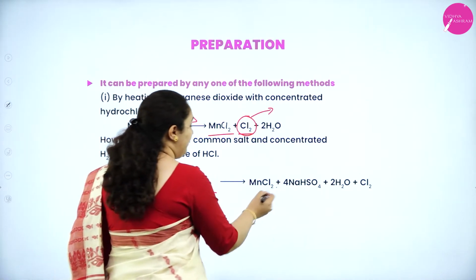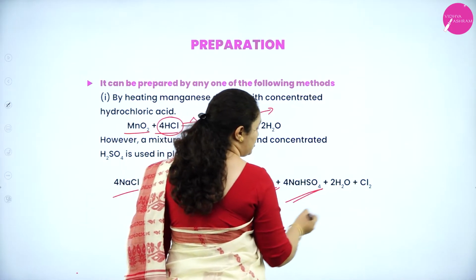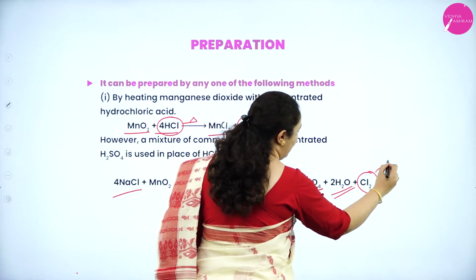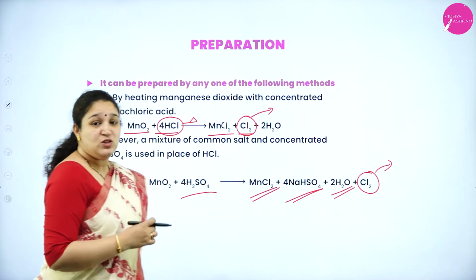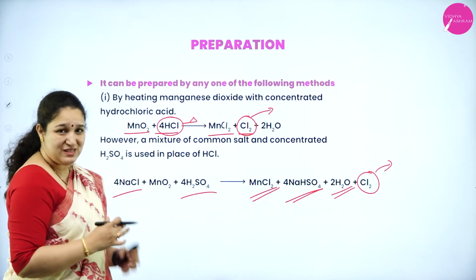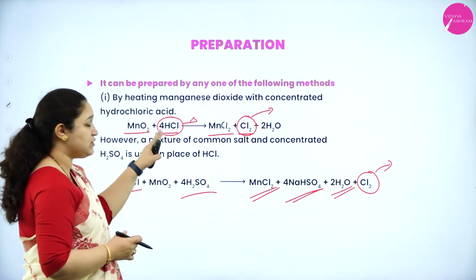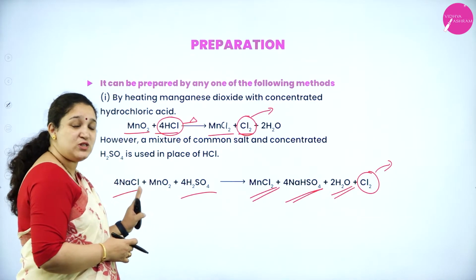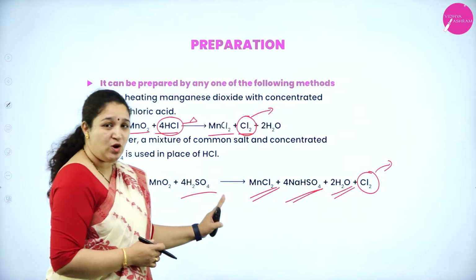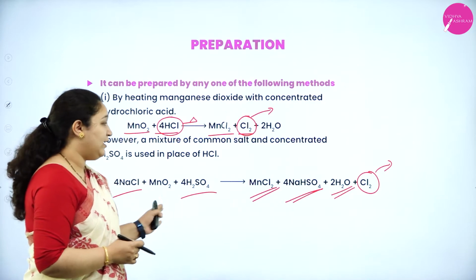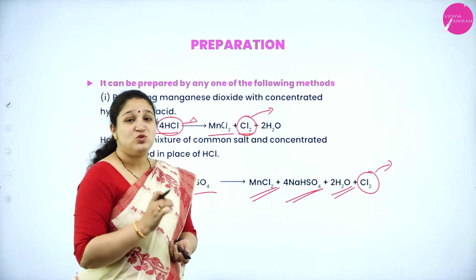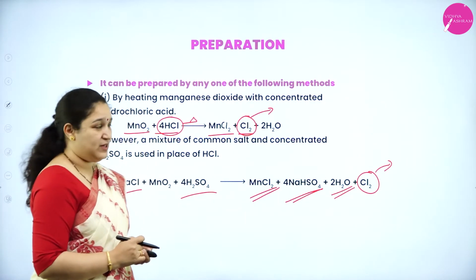Then we'll get MnCl2, NaHSO4, water and chlorine gas is liberated. So it is a similar reaction in which instead of using concentrated HCl, we are using sodium chloride with concentrated H2SO4 to get chlorine gas. So this is the first method of preparation.